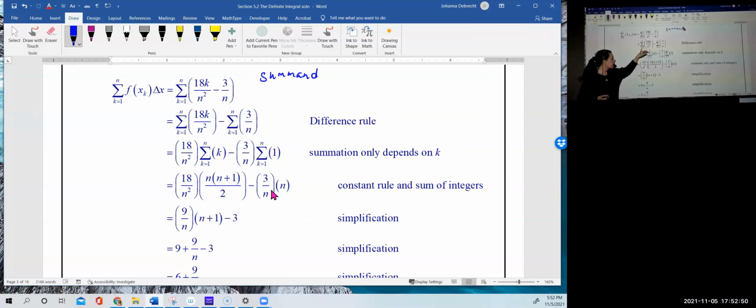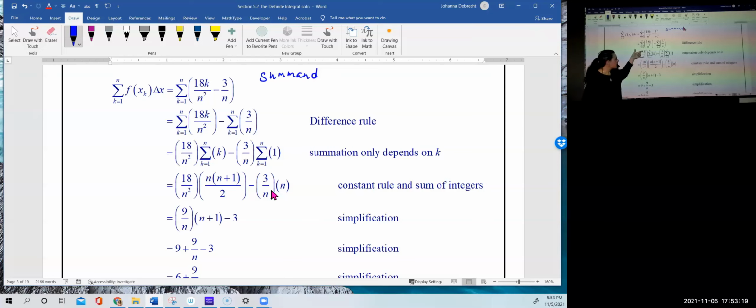Our index is k. So k cannot come out of the summand because it's not a constant. As far as the sum is concerned, it's the variable. But that means that n squared and n here, and even the 3 and the 18, those are constants. As far as the sum is concerned, they're not the variable. The variable for the sum is the index of summation, which is k.